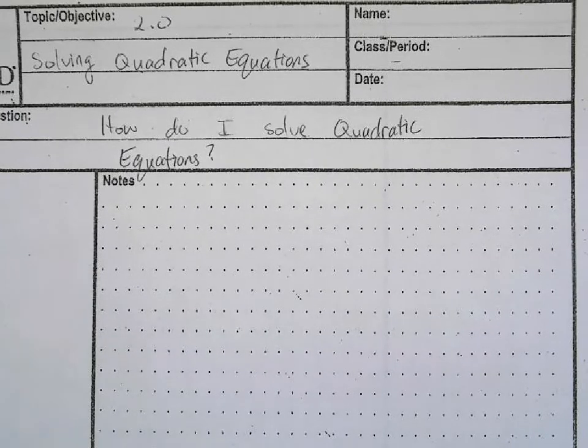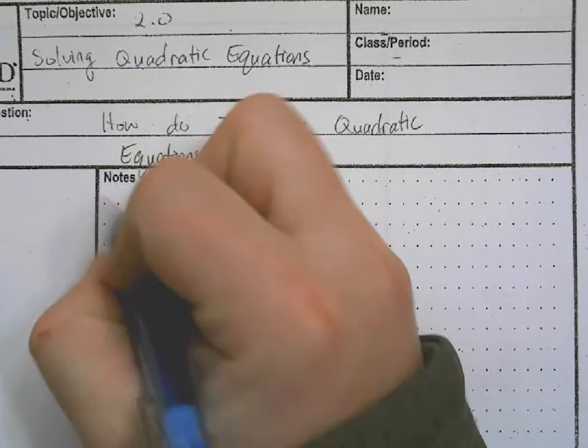So the first thing we need to talk about before we solve quadratic equations is the zero property.